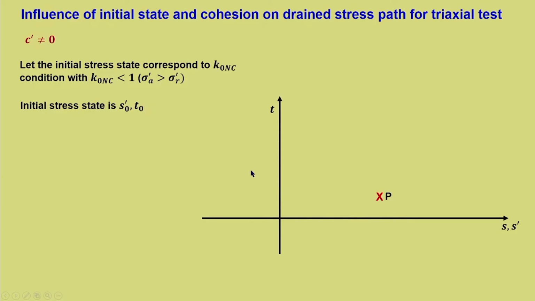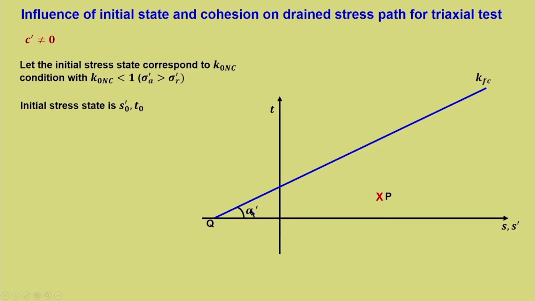Now, to add value to this stress path plot, let us first draw the failure line. You can see that it is no longer through the origin. There is an intercept here, and in the TSS dash plot, what is the intercept? Definitely it is not C dash, it is A dash, and the relationship between A dash and C dash is already known to us.